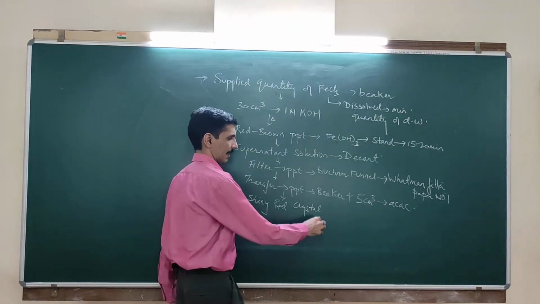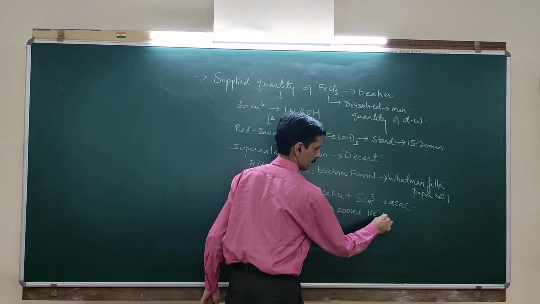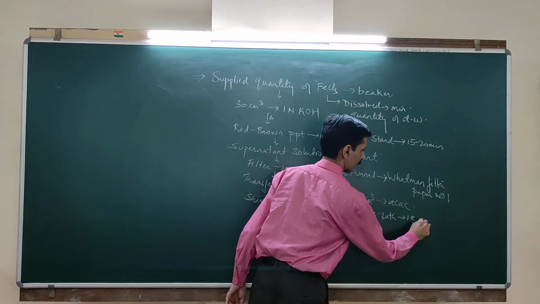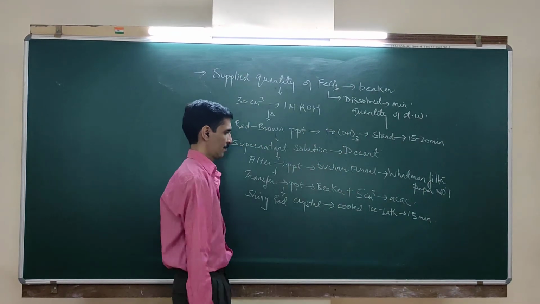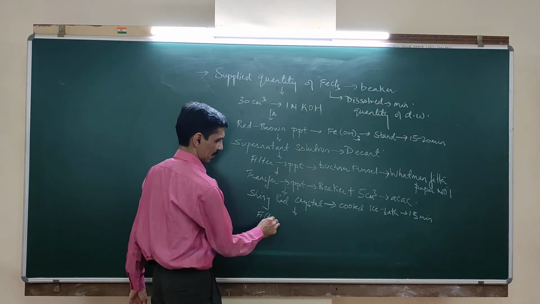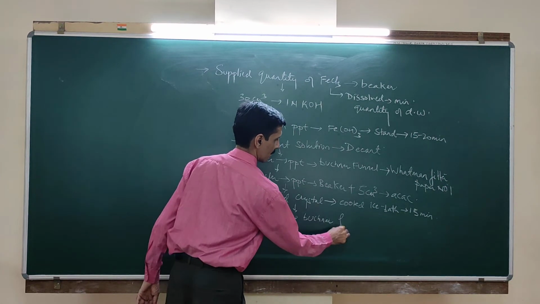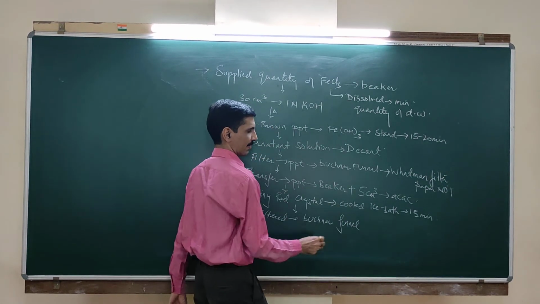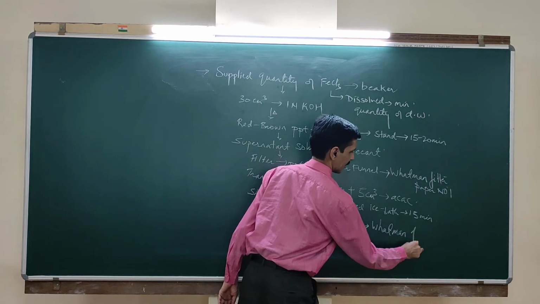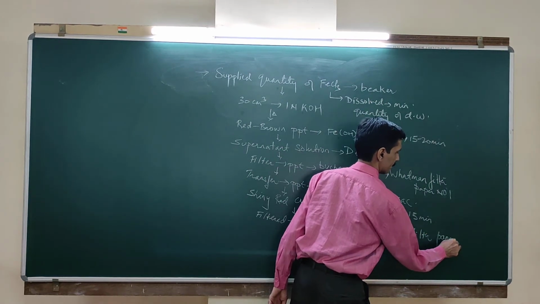And it has to be cooled in an ice bath for say around 15 minutes, and then they need to be filtered once again through Buchner funnel, obviously containing a Whatman filter paper number 1.